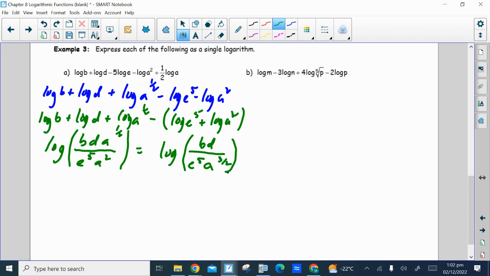When you divide the A's, you subtract the exponents. 1/2 take away 2 is negative 3/2, which is what it would be if it was on top. But we know we should always write exponents or powers with positive exponents, so it moves to the bottom.